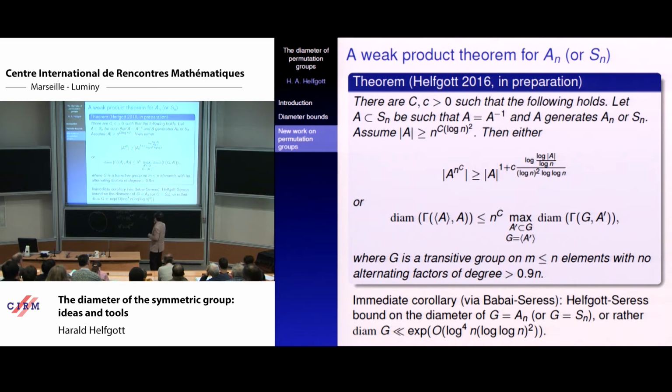Piber and I realized that there is a gap in Babai-Seress, and if you fill it, it's easy to do, then the exponent increases by 1 in all of the literature that depends on Babai-Seress. But there's actually a way to modify the statement of Babai-Seress so that the bounds in the literature, including Helfgott-Seress and including these, don't actually get worse.